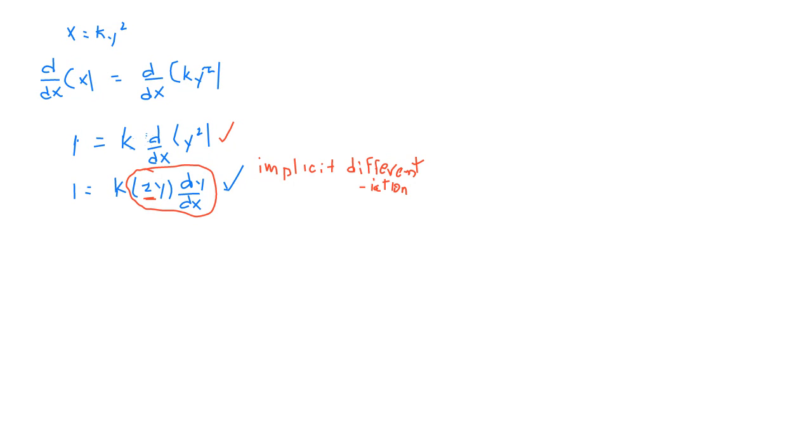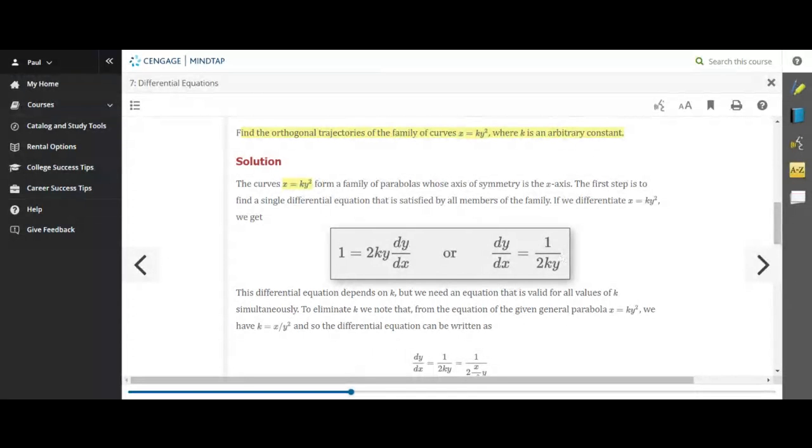So, okay, 1 equals, then for this example 5 that we're looking at from section 7.3, dy/dx would equal 1 over 2 times k times y.